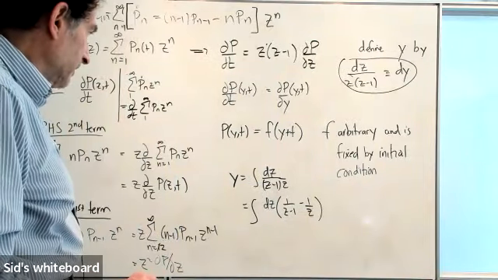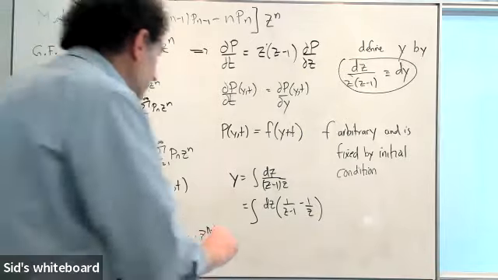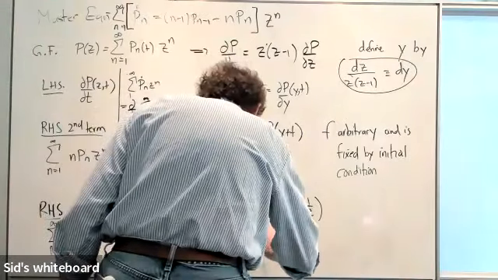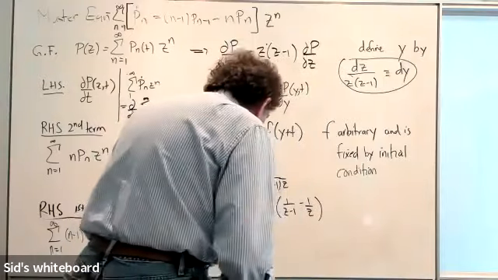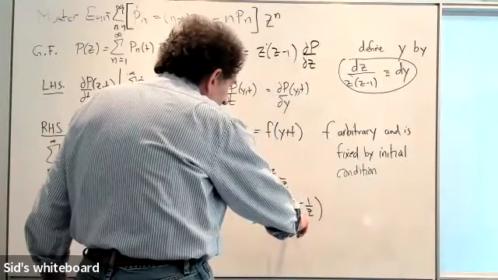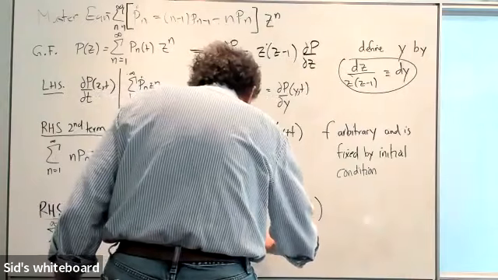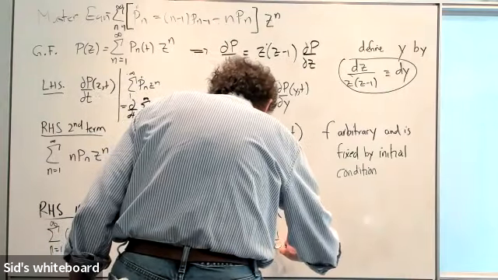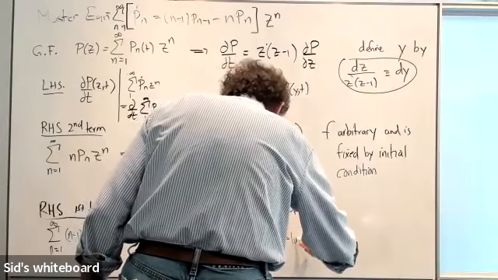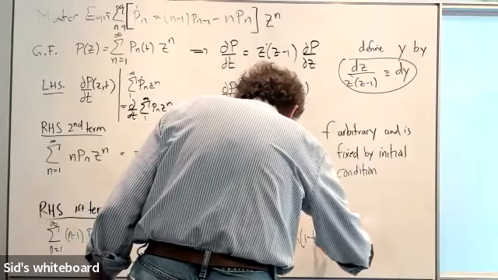Yes, it is correct. And so this is equal to the integral. Well, this integral is very simple, so let me just write it out. This is logarithm of z minus 1 minus log of z. So this is equal to log of (z minus 1) over z, which I'll write as logarithm of 1 minus 1 over z.